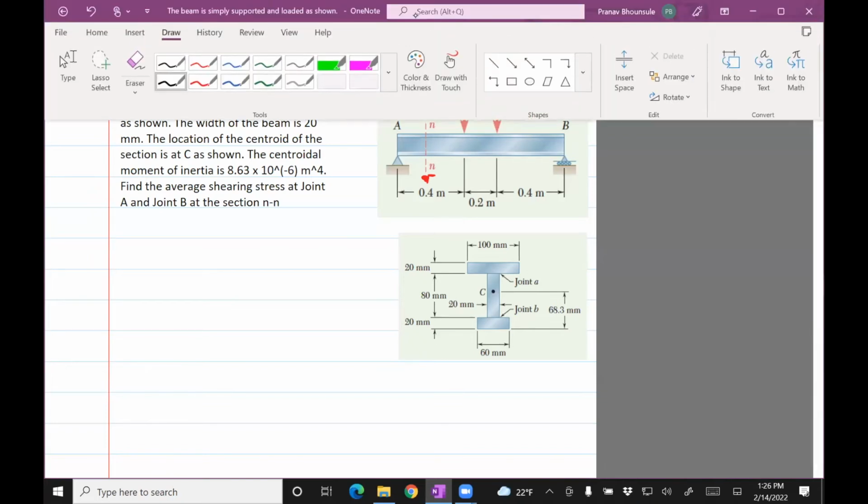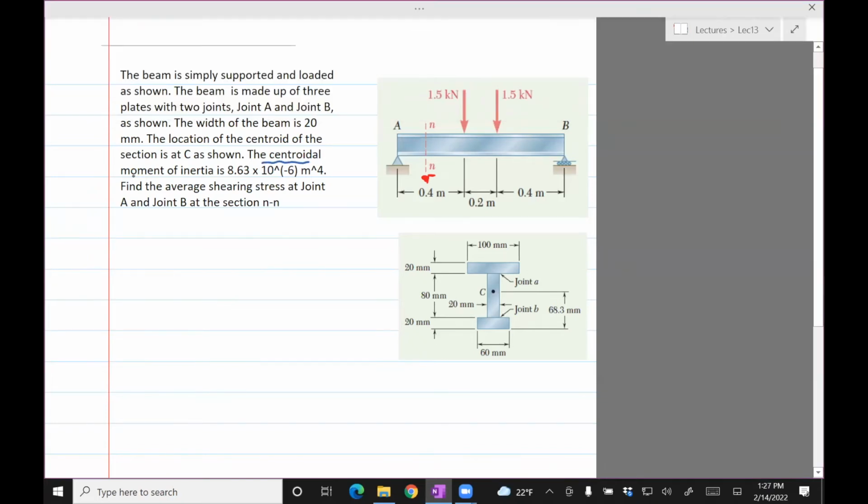Before we solve this, just one note: you're given the centroidal moment of inertia, but if you're not given that, you should be able to compute it from the cross section, the bottom figure. We've done this in the moment normal stress section. The way you'll do it is you'll consider it as 3 pieces. You want to find the inertia about C. So let's call these 1, 2, and 3.